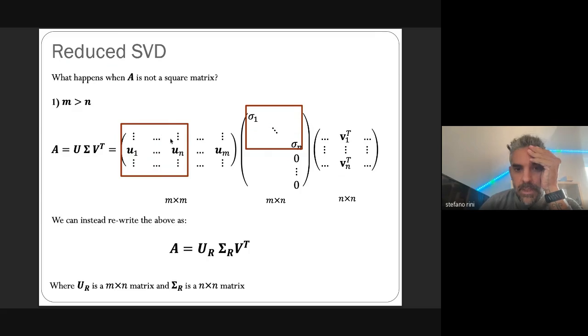So here we're going to have a matrix which is m times m, and a block of zeros, and the number of rows is n. Here we have a diagonal matrix followed by a zero matrix.